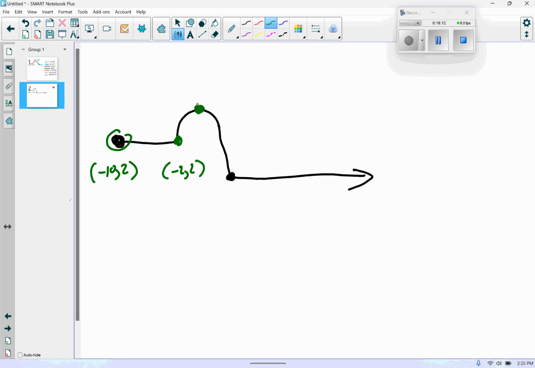Which appears to be 0, 6. Come down there. This point here appears to be 3, negative 3. Now, friends, do you feel comfortable with those points there? Does that make sense? Do you feel comfortable how I got that?